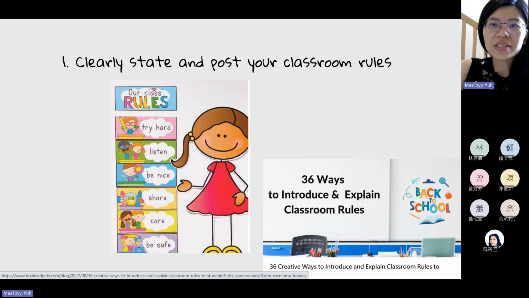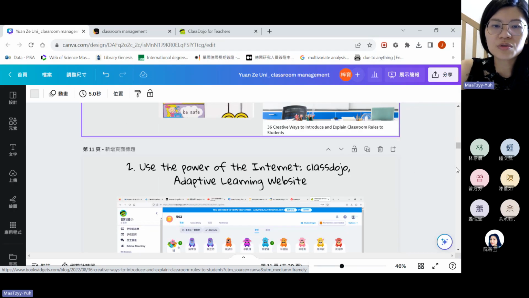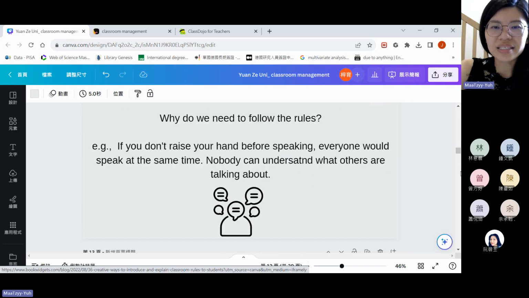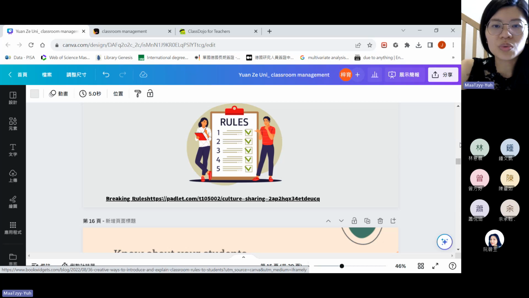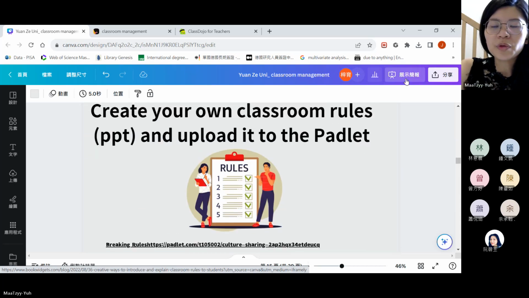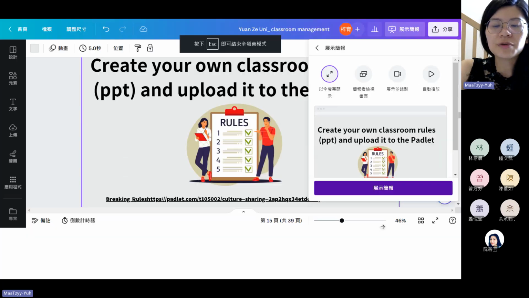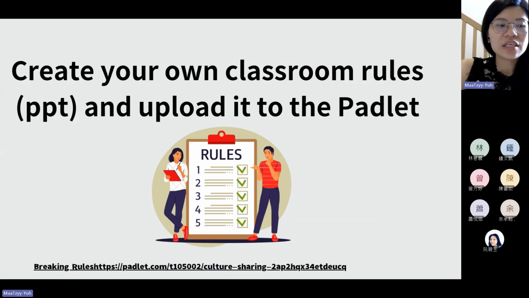Okay, I think I want to stop a little bit here, and can you please design a PowerPoint and think of your own classroom ideas. What do you think is important for your students to follow, or what are the rules you think can help your students to feel comfortable, feel safe, and be motivated in learning?